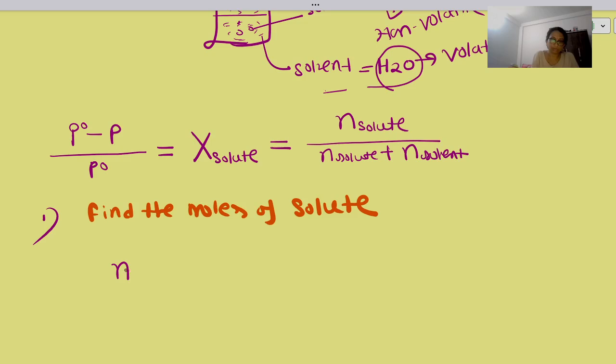The number of moles is equal to given mass upon molar mass.